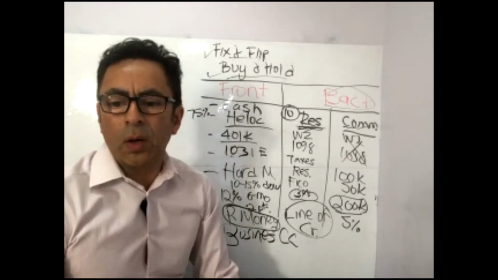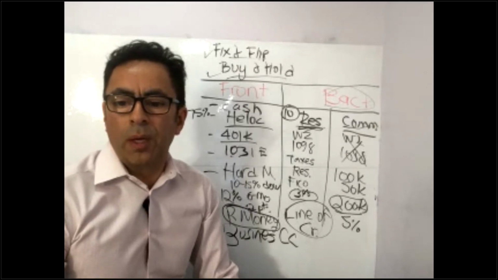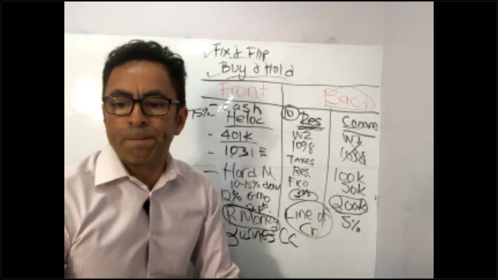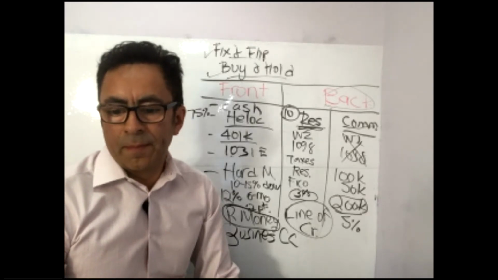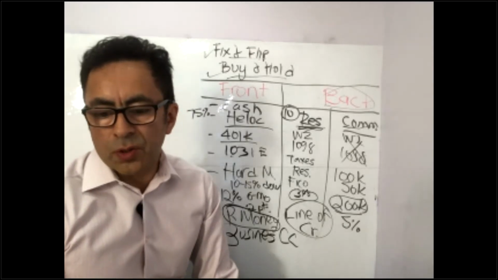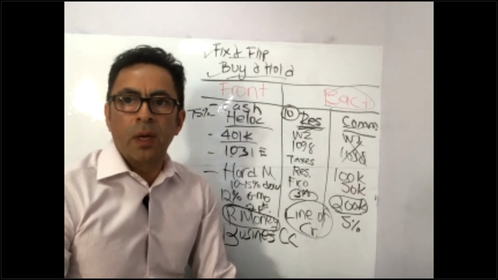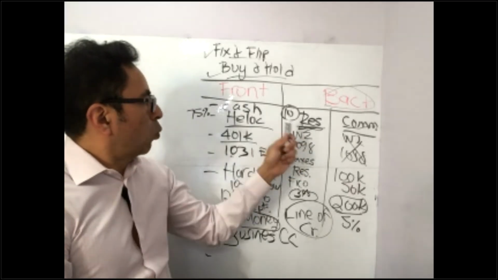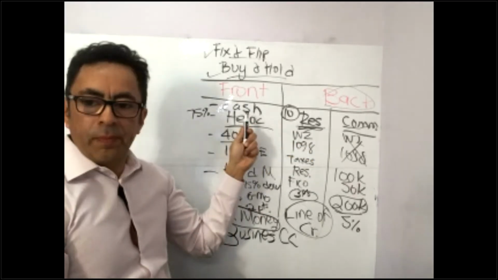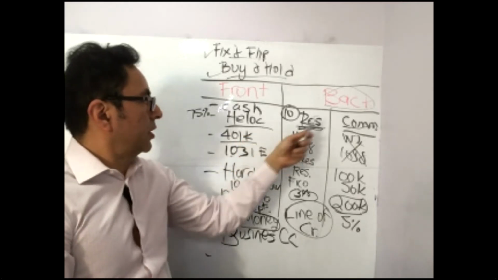Now, are there any questions so far of what we covered? Okay, so can you have both loans at the same time? Which both loans are you referring to? The residential, the commercial?